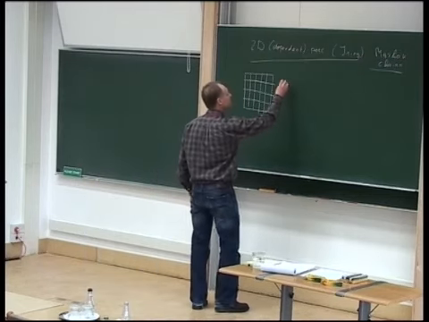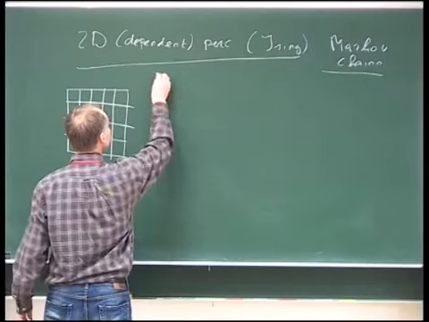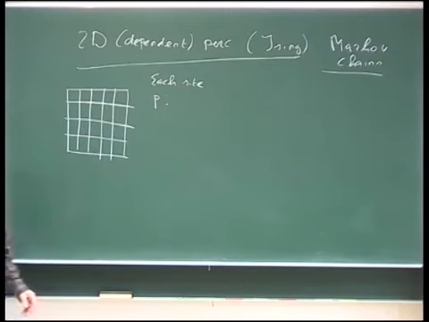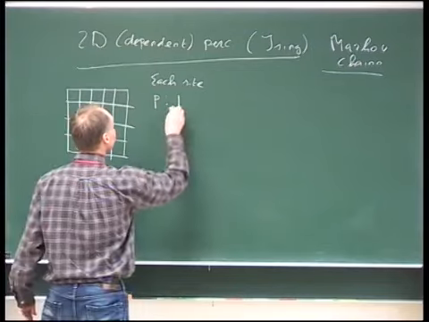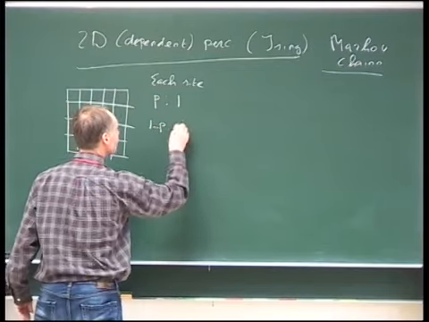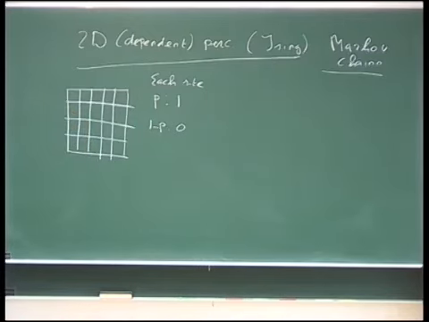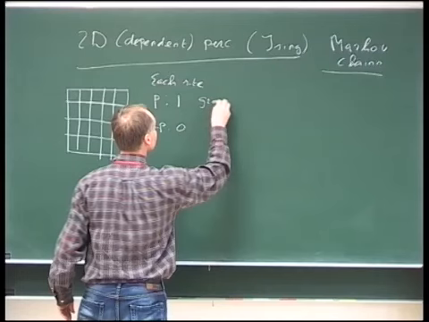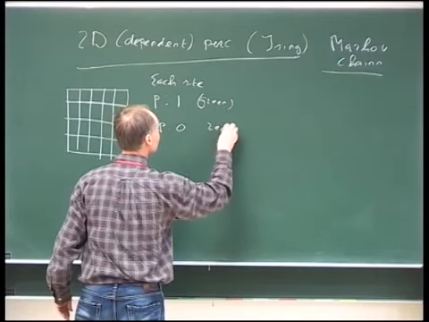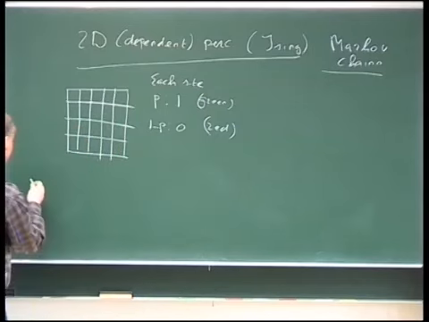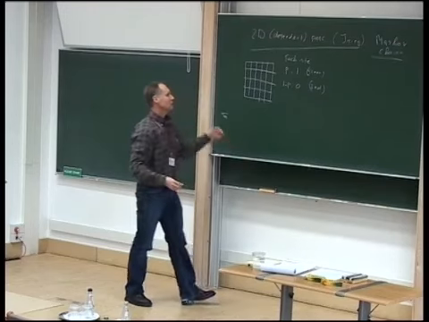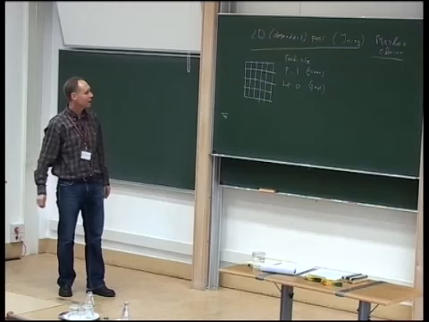With probability p, each site gets the value 1, and with probability 1 minus p, it gets the value 0. I'm going to use colors later on: for 1 I will use green, and for 0 I will use red. I hope that the green is visible on this board, by the way. I think there's enough contrast. And independently of each other, that's the classical site percolation model on the square lattice.